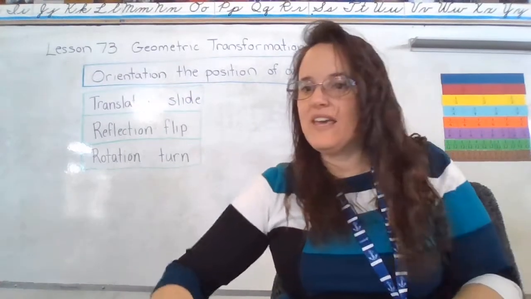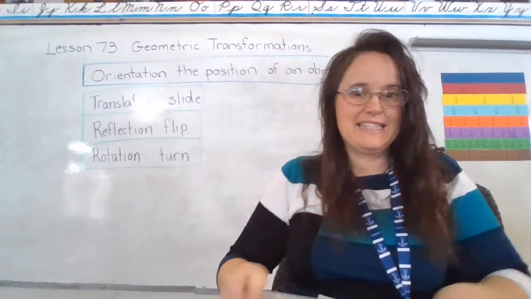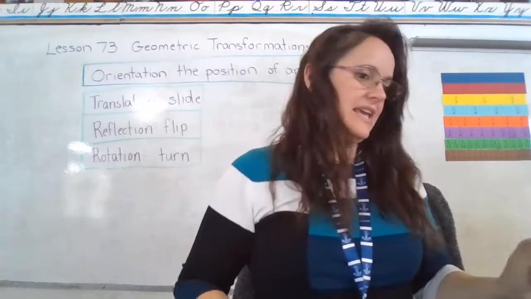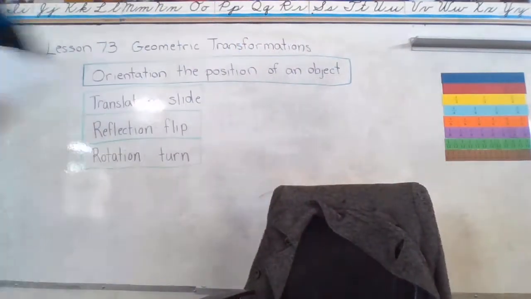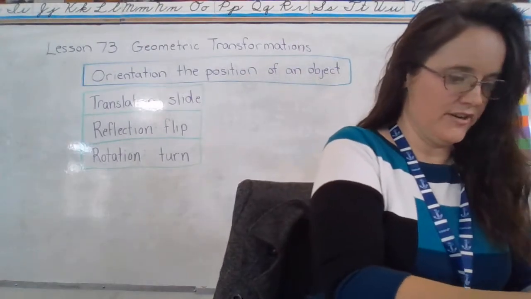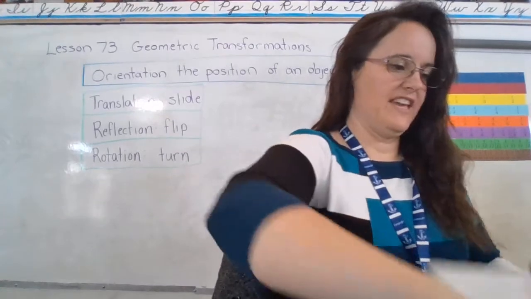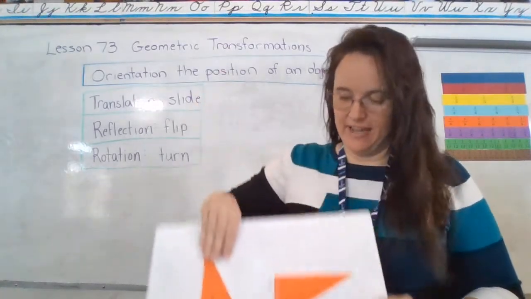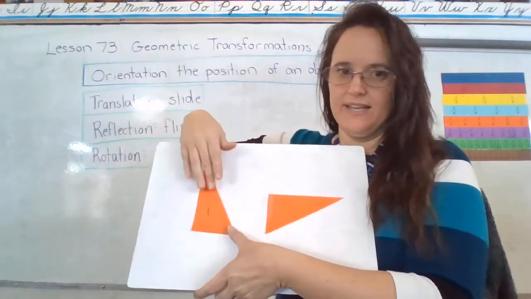So I think I might actually need some tape to make it stick so that I can use my hands here. Okay, so hopefully you have started the process of moving it, and now that I have my second one taped down, I can do the same process.